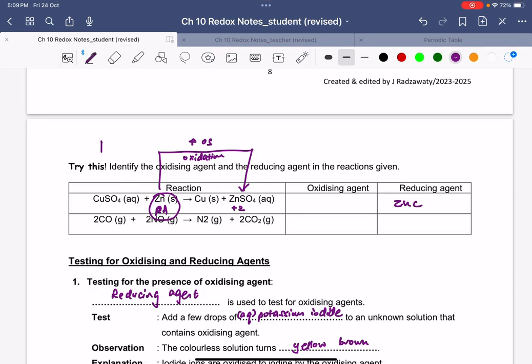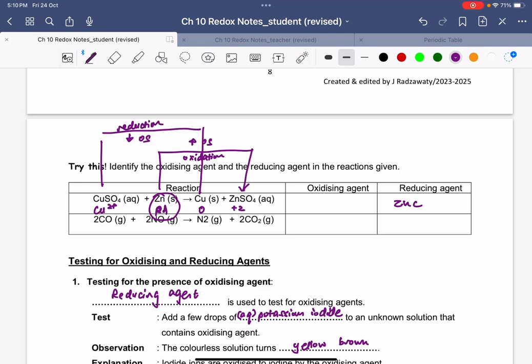If copper to copper here, copper is a 0 and copper in copper sulfate is a 2 plus. So 2 plus to 0 is a reduction, a decrease in oxidation state. So this is a reduction.